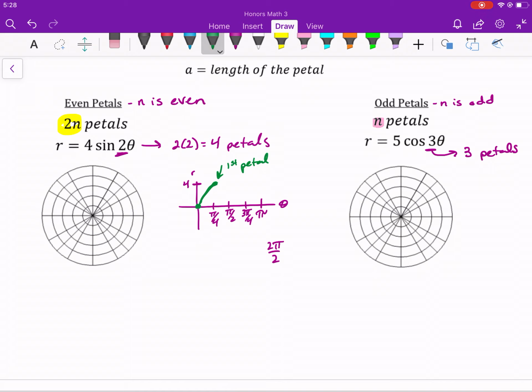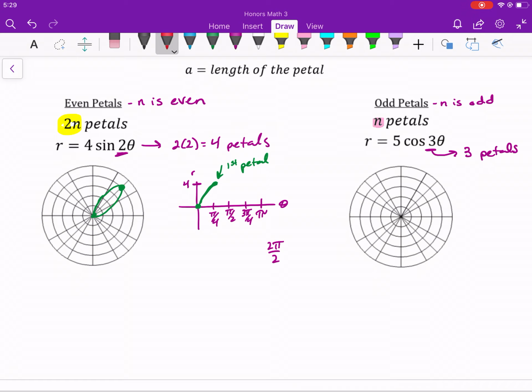The first petal will be out 4 units on pi fourths, so right here. So we're going from our pole, 0, and we're going out like so, and you get your first little petal right there.